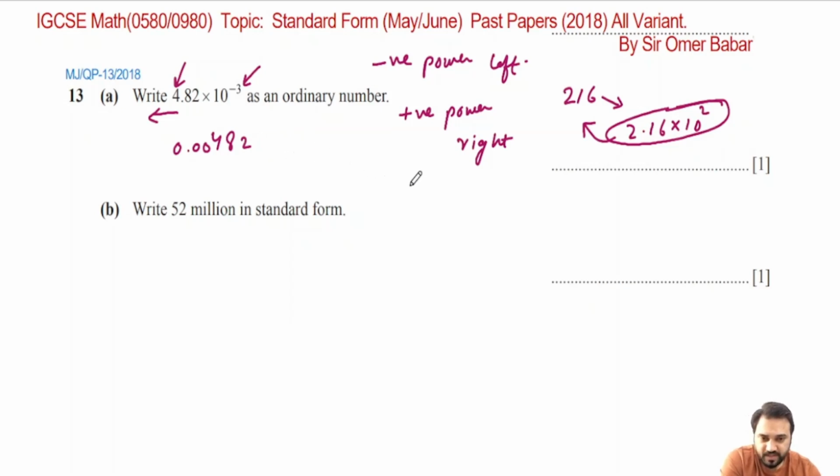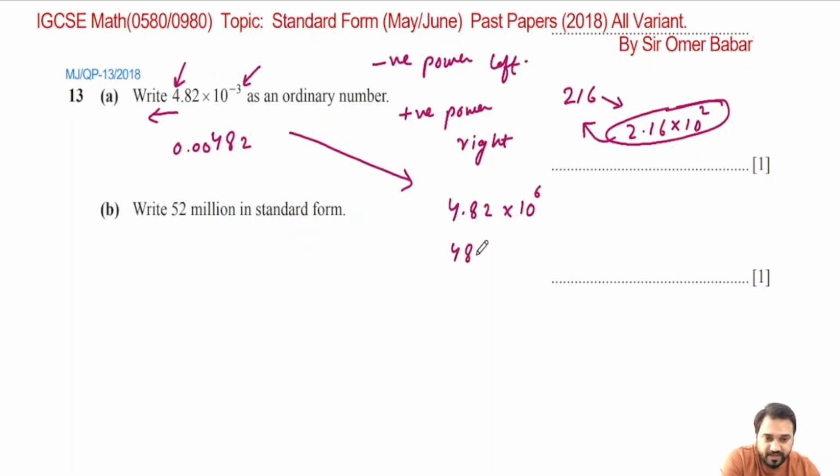Okay, and let's consider an example here. If you have 4.82 into 10 raised to power, let's say 6, then it means we have to move on the right side of our first digit. This is our first digit, that is 4, or simply you can say that the decimal would move along the right side. How many digits? 6 digits. But here we have only 2 digits after the decimal. We have to count after the decimal and moving towards the right.